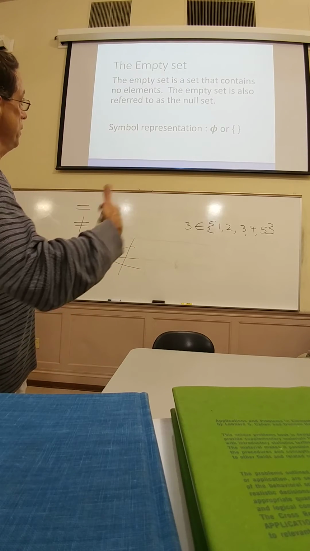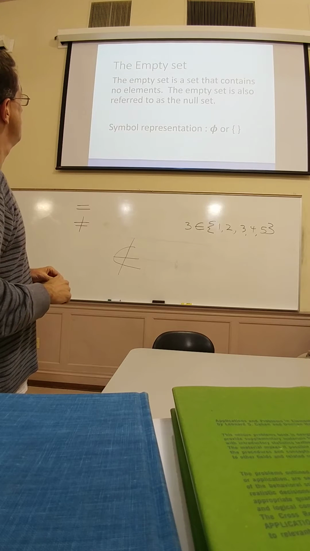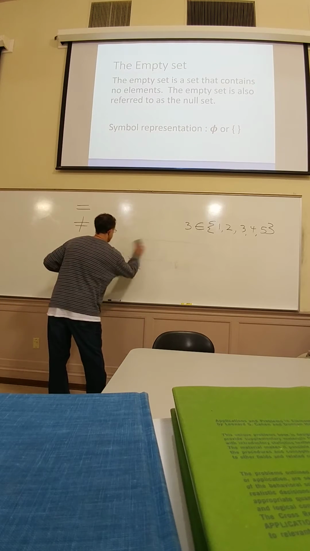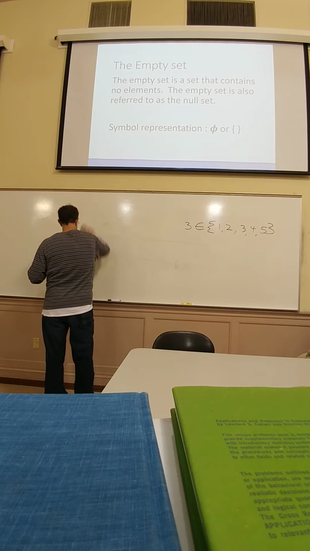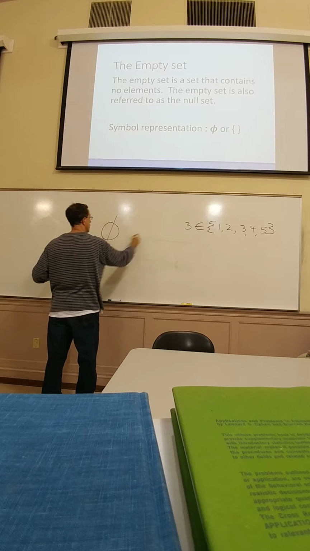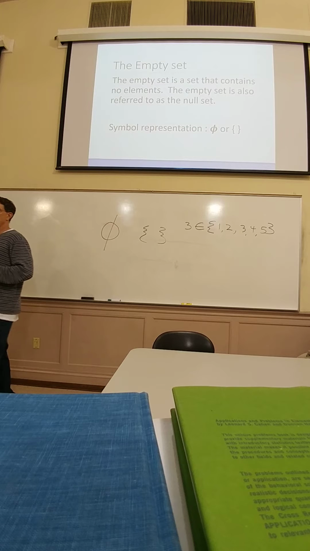Same idea, nil, null meaning none. So, empty set. Symbolically, there are two ways to represent this set. One is by the Greek letter phi, or you can just do an empty set of brackets, either one.